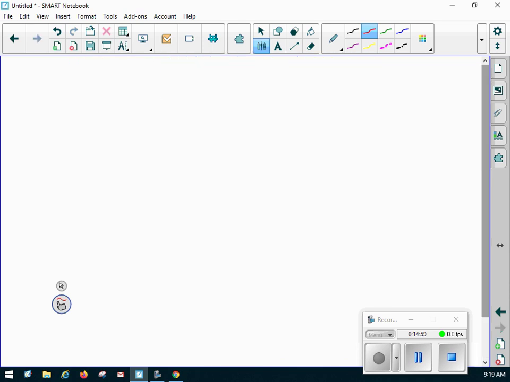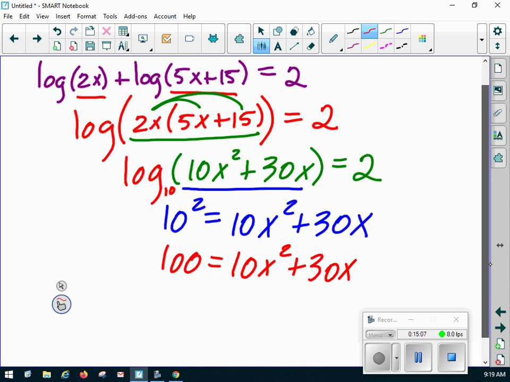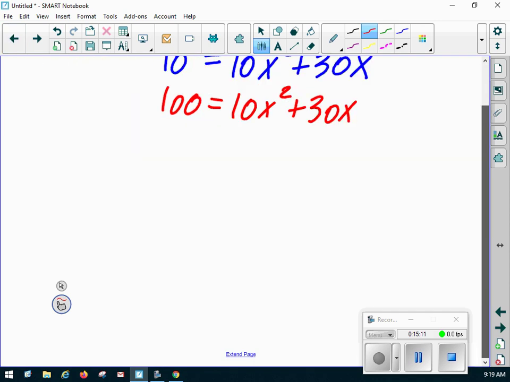Factoring. Do you notice you have an x squared, then an x, then a constant? We're going to set this equal to 0.